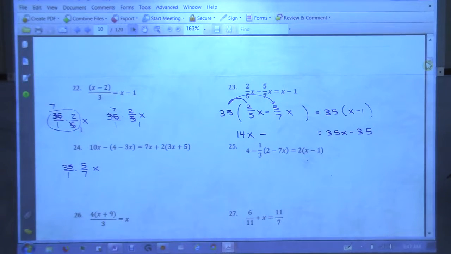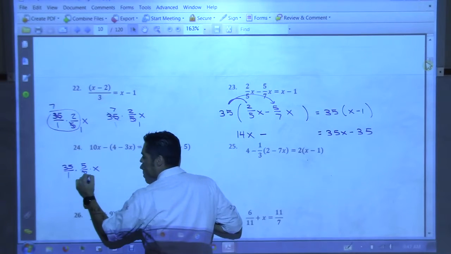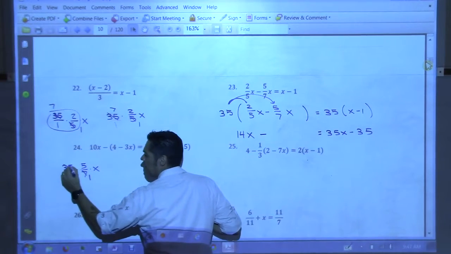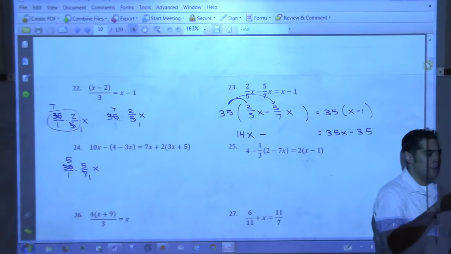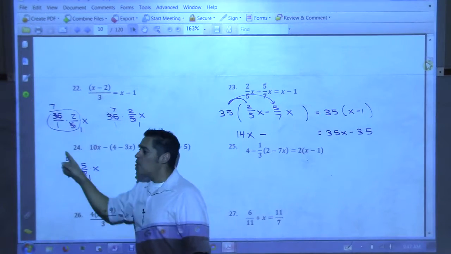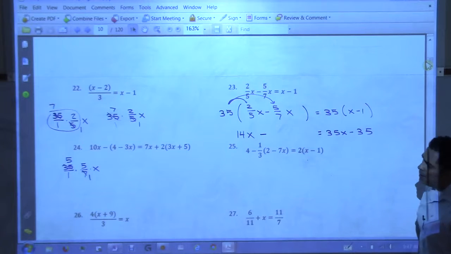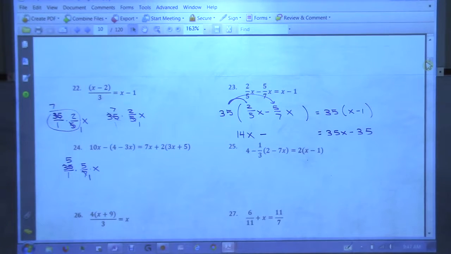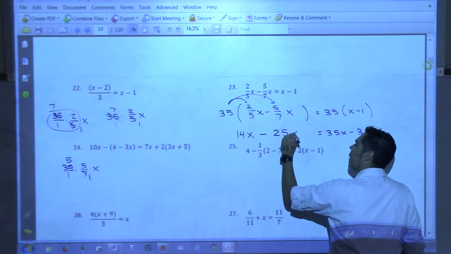I could cancel still, couldn't I? 7 goes into 7 once, and 7 goes into 35 5 times. That's why you're finding a common multiple, because the 5 cancels here for sure, and the 7 will cancel for sure because 35 is a multiple of both. And so what do you have in front of that x now? 25x, right? So we have 25x.